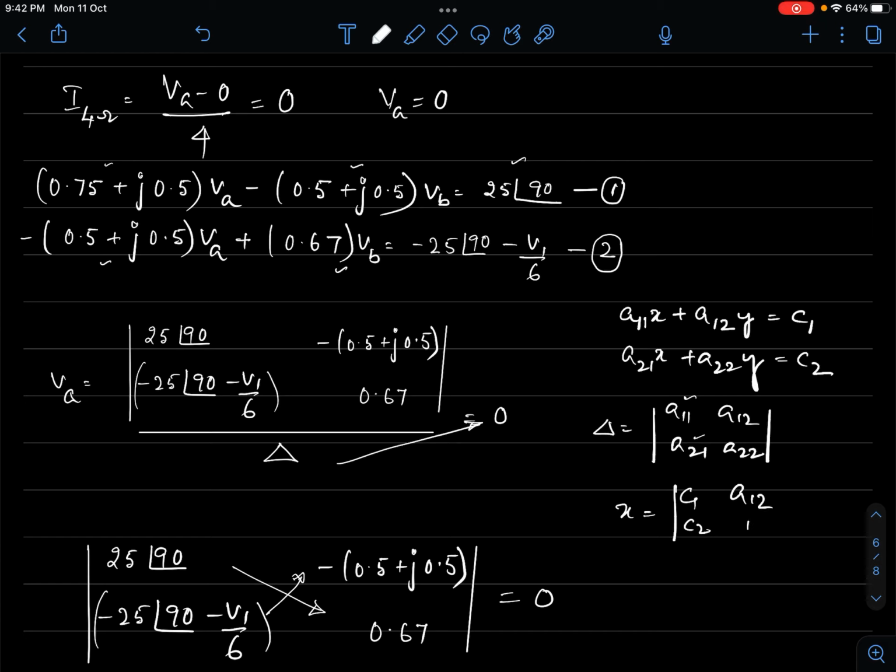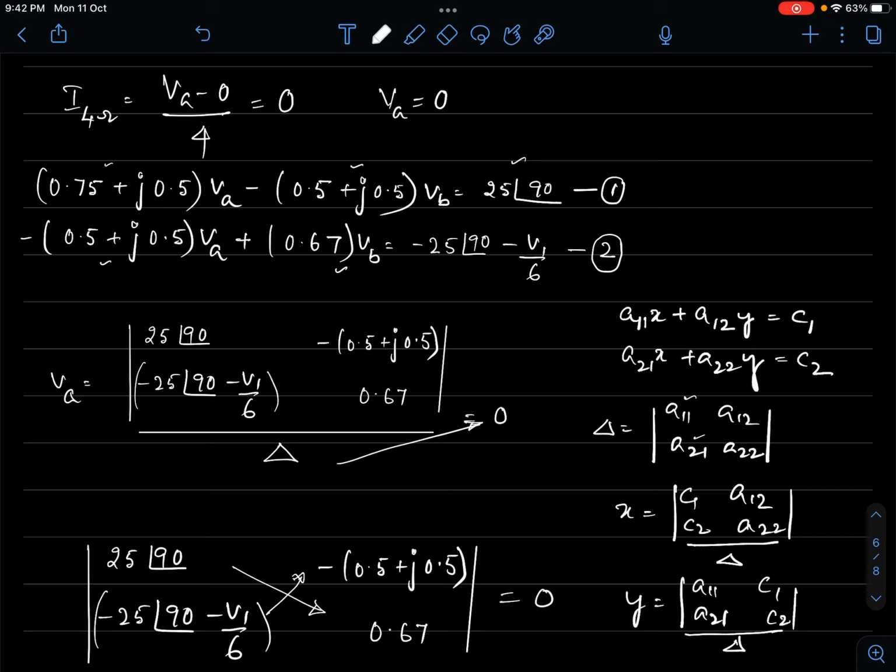You retain the other two as it is, divided by delta determinant. And y is evaluated as, now we retain a11, a21 from this delta, and a12 and a22 get replaced by C1, C2, again divided by delta. This is how you apply Cramer's rule.